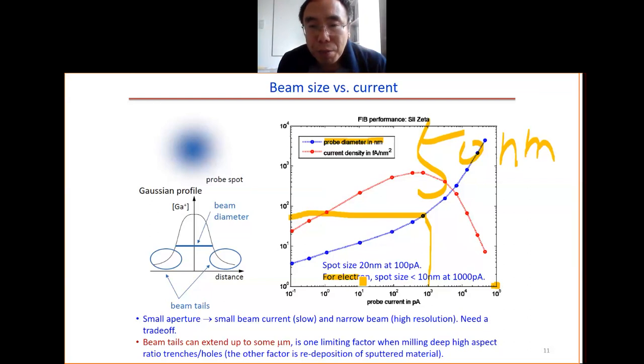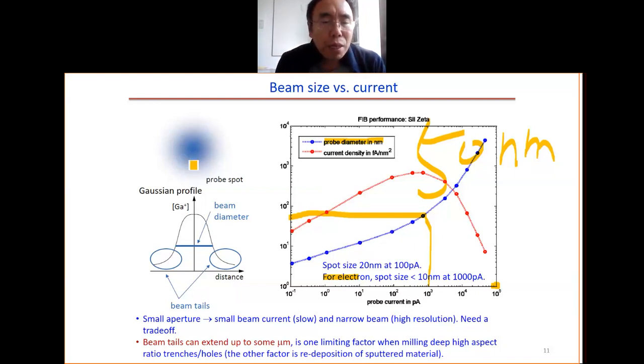For the focused ion beam, you cannot have high current, but for electron beam, we can have very high current, which gives you faster exposure time. Another reason is that the electron beam is much cheaper. A scanning electron microscope costs about $500,000, but a focused ion beam will be more than $1 million.